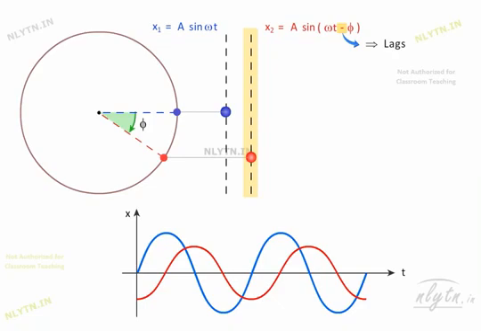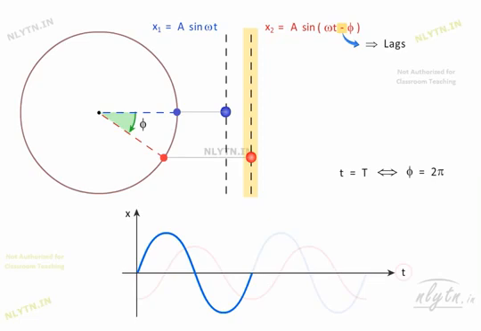As this graph is in terms of time, and 1 cycle of 2 pi rotation is equal to time period T, so the graph of this SHM will be shifted by this amount, and it will be shifted towards right because it will achieve its maximum value after this SHM achieves its maximum value.